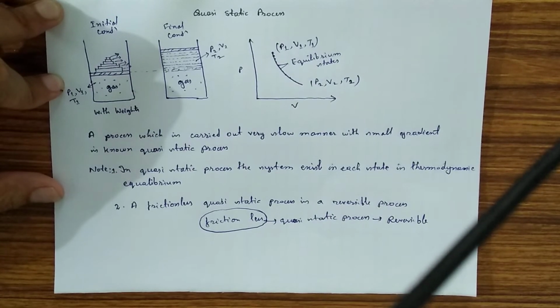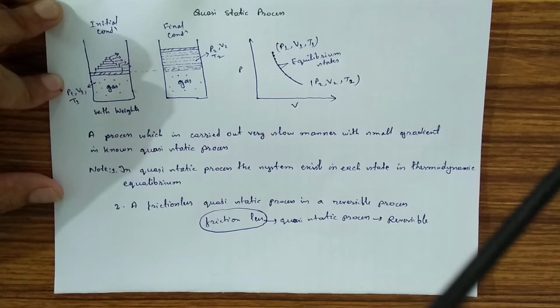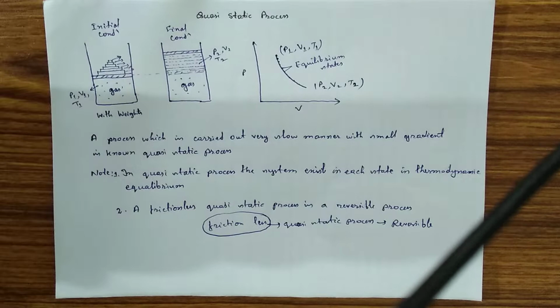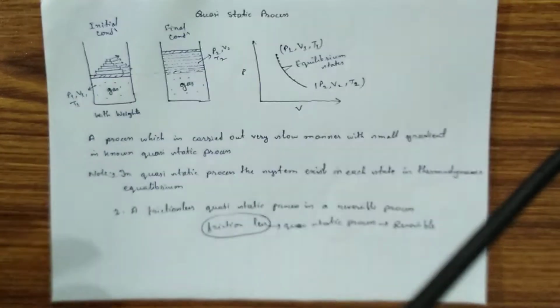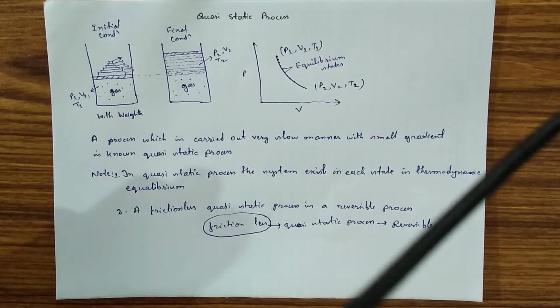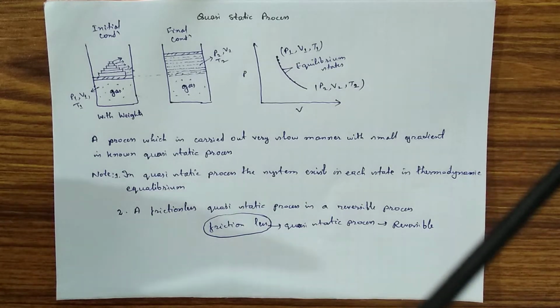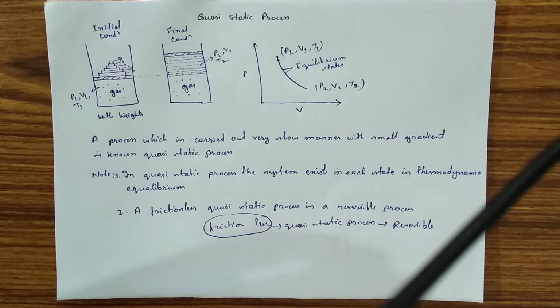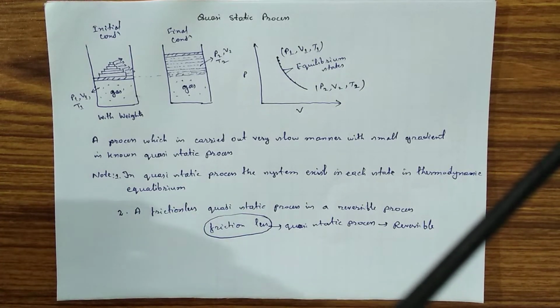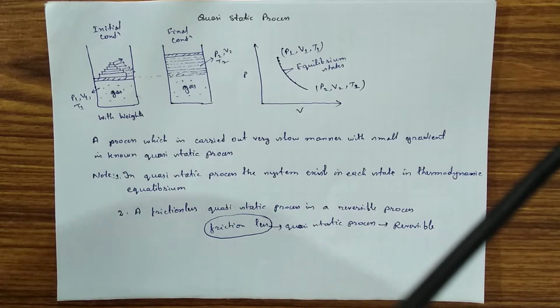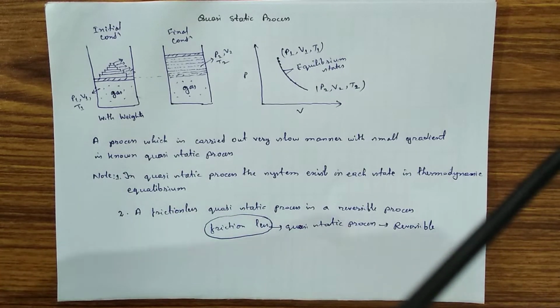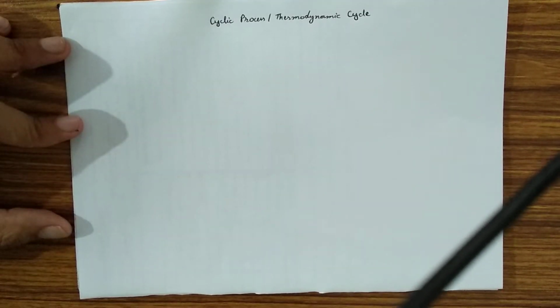It is a process which is carried out very slowly, such that in each state the system remains in thermodynamic equilibrium, and a frictionless quasi-static process is a reversible process.